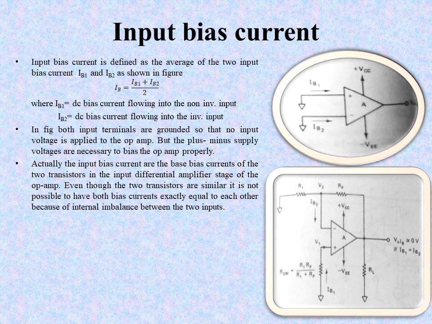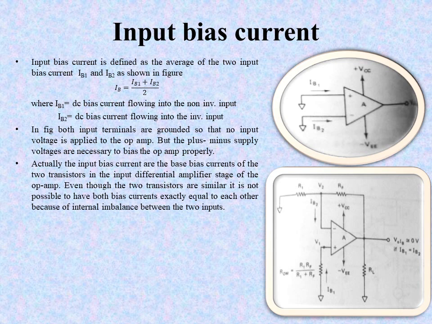We had two common emitter amplifier stages that were connected together to form a differential amplifier, and input was given through the base of both the transistors. So basically the input bias current arises from the two base currents; if both the base currents are different, then input bias current arises.